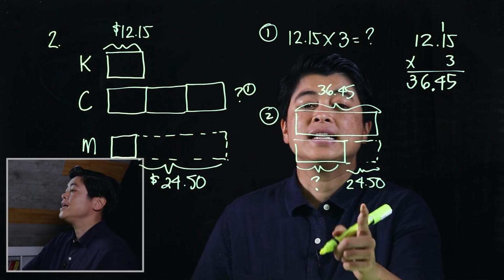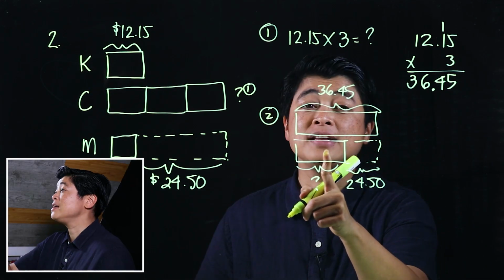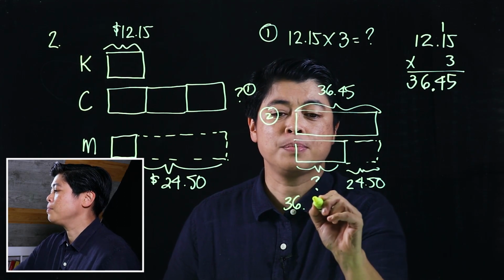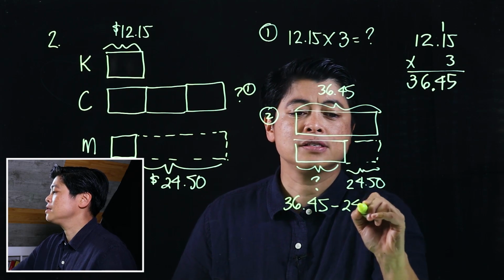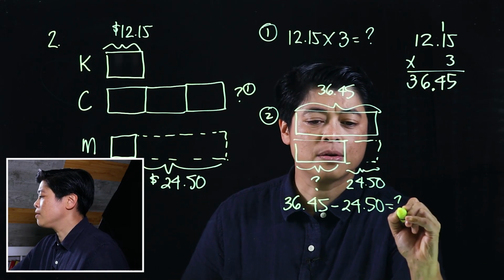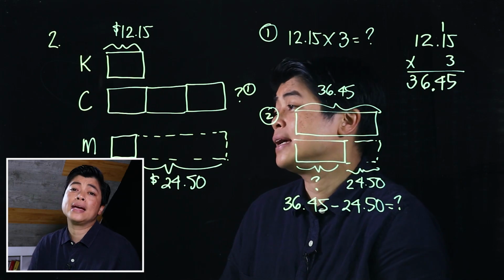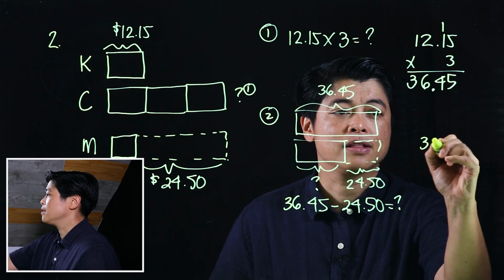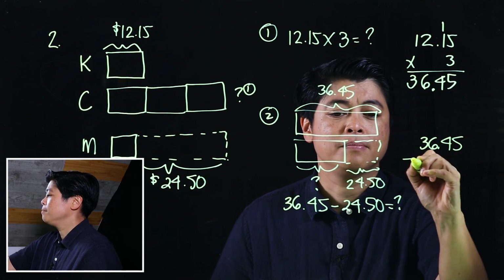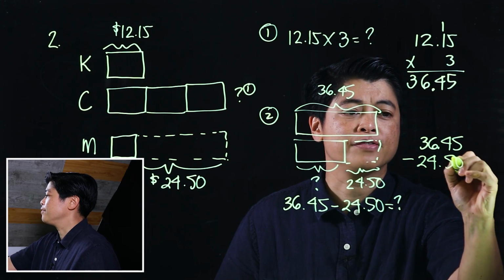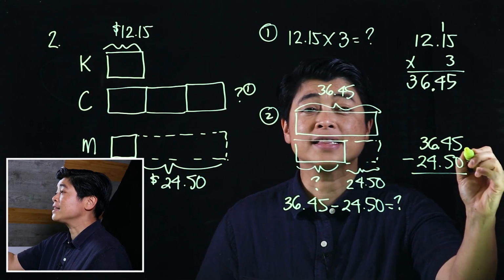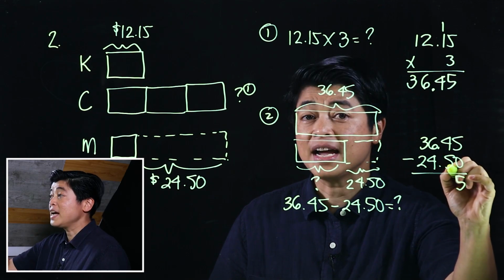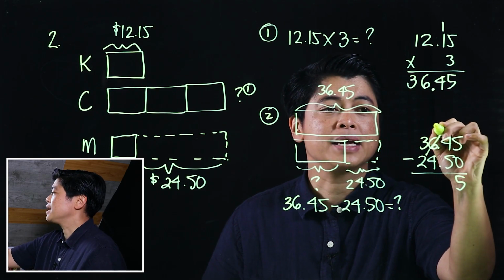Since a part is missing, this will be a subtraction problem. So 36.45 minus 24.50 equals question mark. Since we can't do that mentally, we write vertically. 36.45 minus 24.50. Subtracting 5 minus 0 is 5. 4 minus 5 cannot be, so we cancel.